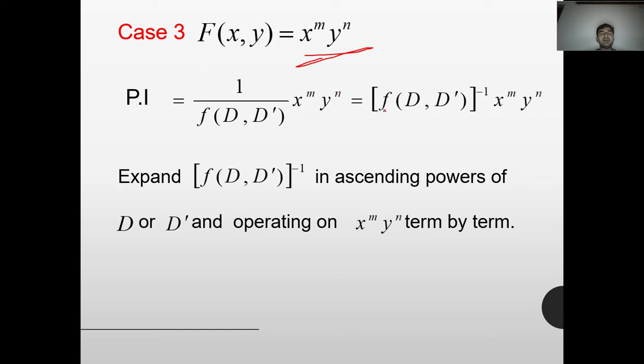We can write 1 upon f of D, D dash as f of D, D dash raised to minus 1 into x raised to m into y raised to n, and expand this term in ascending powers of D or D dash and operate on the x raised to m into y raised to n term by term.